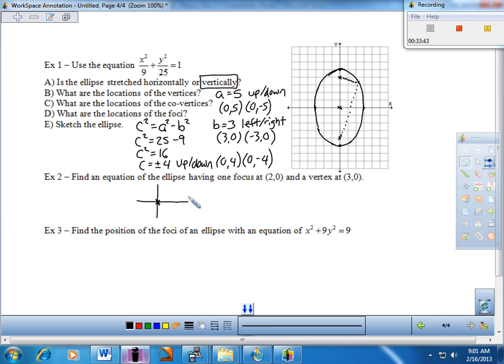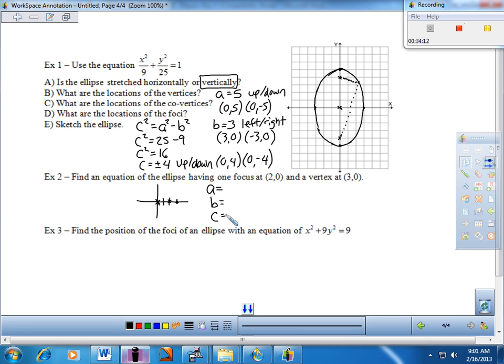In future lessons, if I don't write it, that's what it means. For right now, it's just sort of taken for granted. So center at the origin, a focus at (2, 0), and a vertex at (3, 0). Give me a equals, b equals, and c equals.